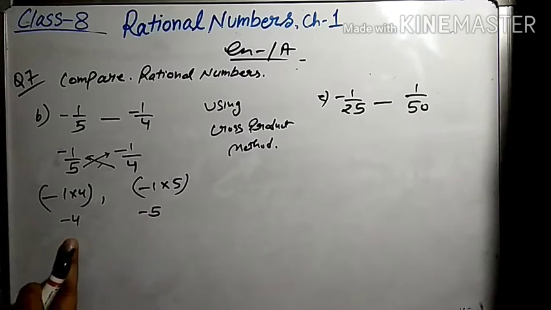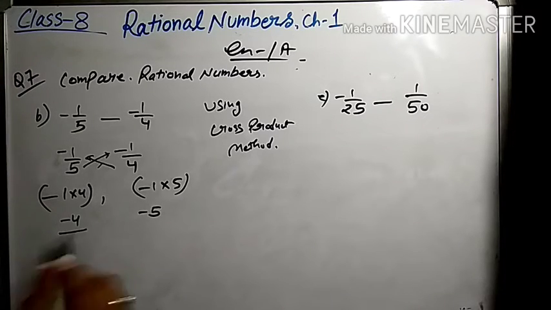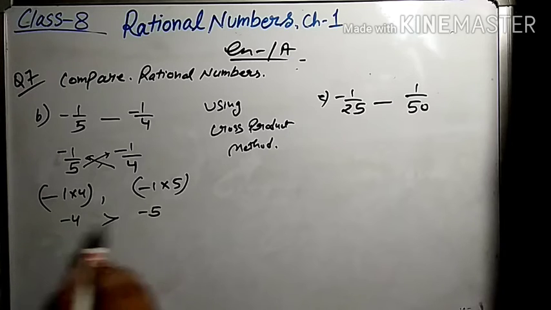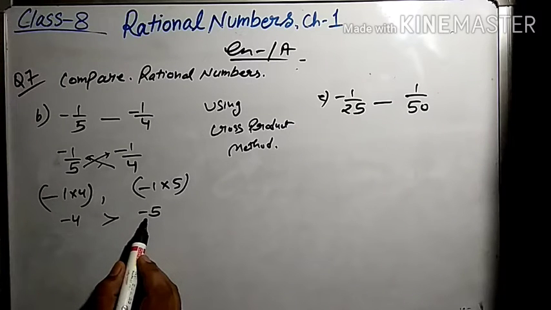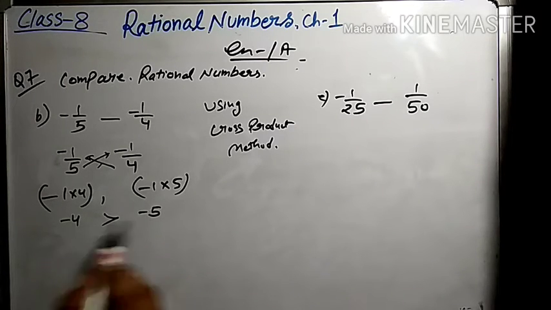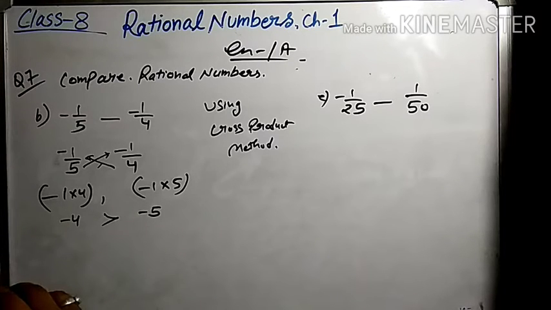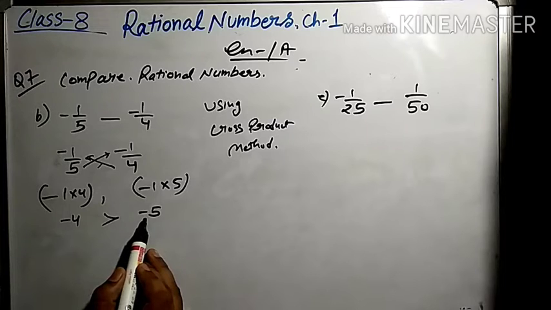Now we already know that for a negative rational number, if it is smaller, then it is termed as the bigger number. So minus 4 is greater than minus 5, because on the number line minus 4 will come first and towards the left side minus 5 will come.